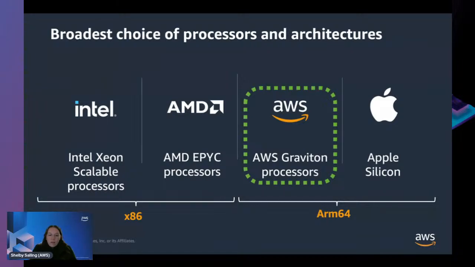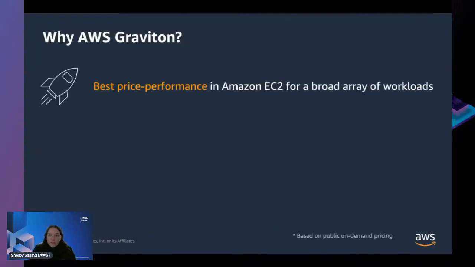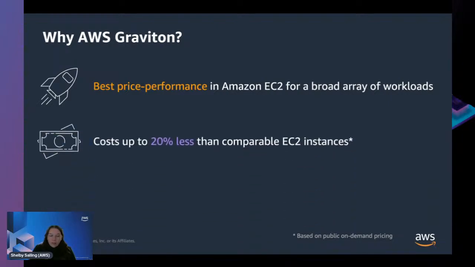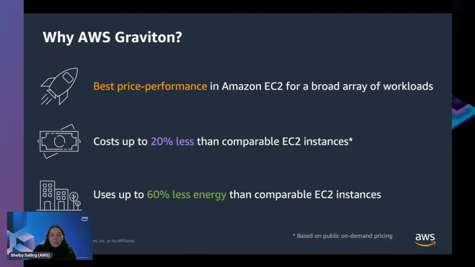So Graviton is our in-house processor, allows Amazon to own the entire silicon stack. We built these ARM-based processors in-house to deliver the best price performance in Amazon EC2 for a broader range of workloads. It costs up to 20% less than comparable EC2 instances based on our on-demand pricing. And another highlight is it uses up to 60% less energy than comparable EC2 instances.